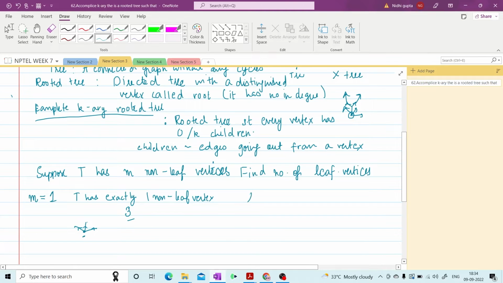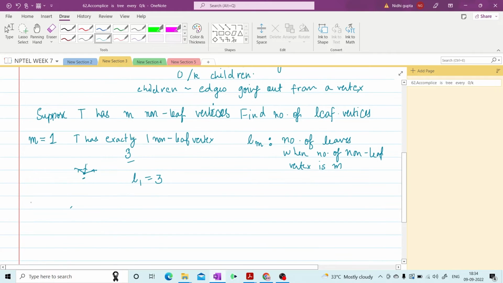Suppose by notation Lm denotes the number of leaves when the number of non-leaf vertices is m. So from this we see that L1 is equal to 3.